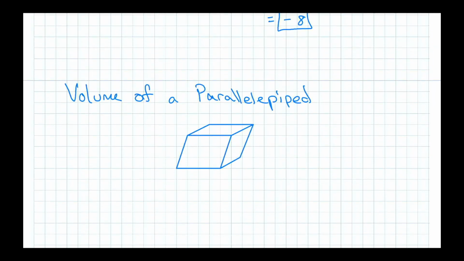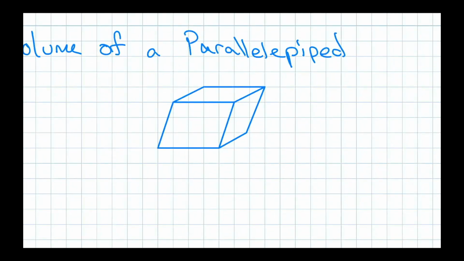But what you've got here is three vectors. You've got this side here, which you could call u, and this side here that you could call v, and the third side, I didn't draw the third side. Let me draw the third side.